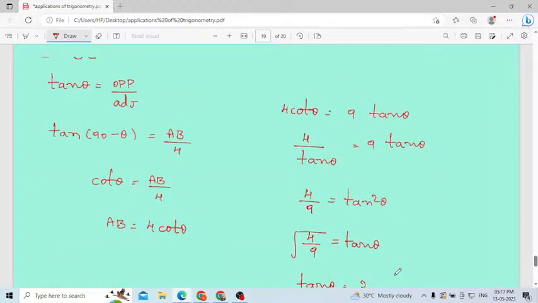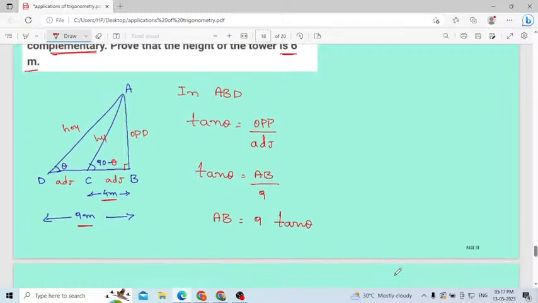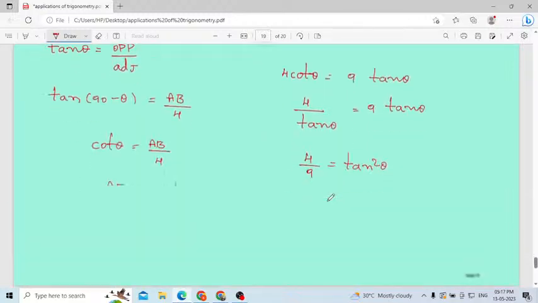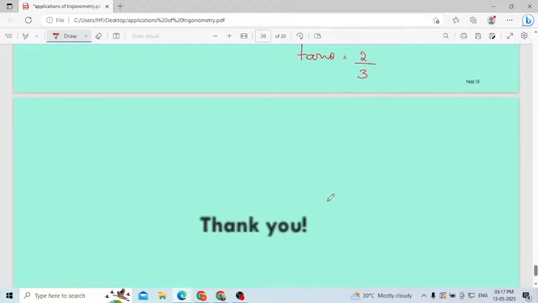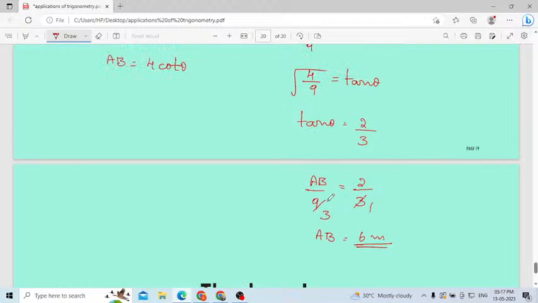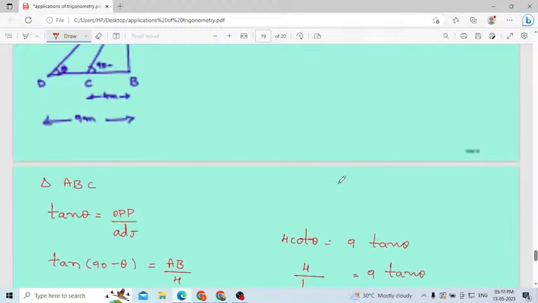Don't get confused, I will explain once again. Up to here you understood: AB is 9 tan theta. At the end I substituted here. In case of tan theta, it will be AB divided by 9. I will alter here only.